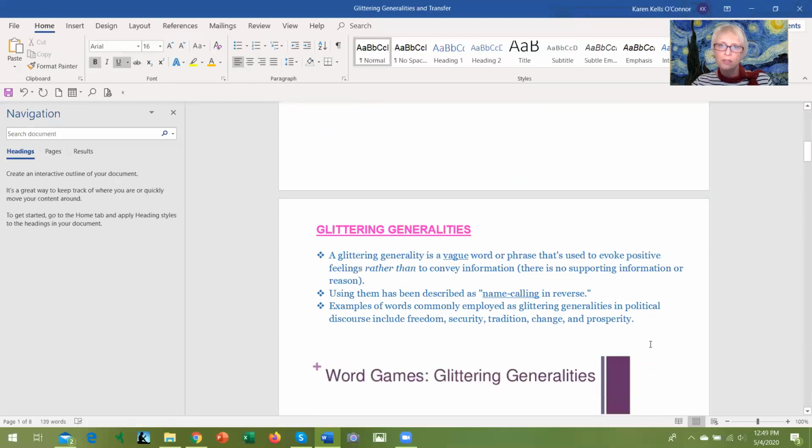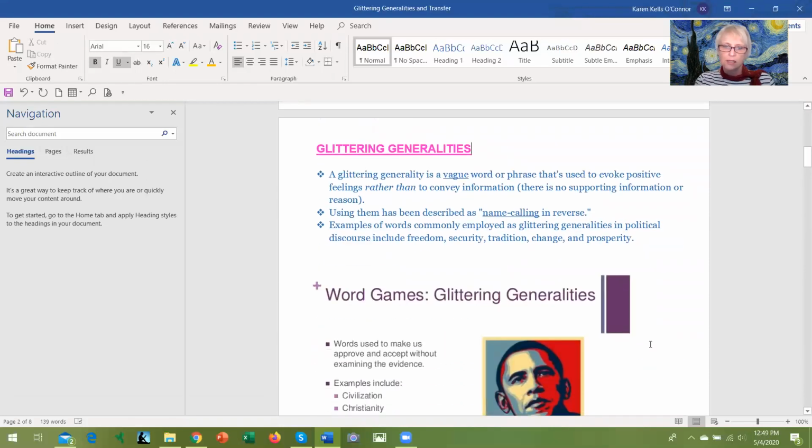So let's go down to glittering generalities, because I know that's kind of a weird one maybe for some of you. A glittering generality is a vague word or phrase that's there to bring out a positive feeling, rather than to convey information.